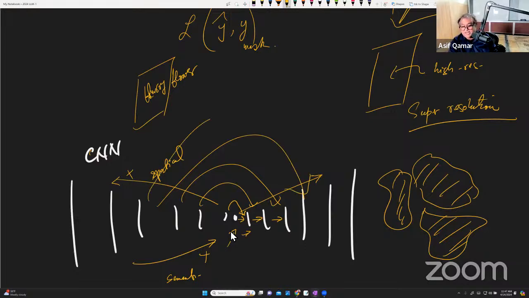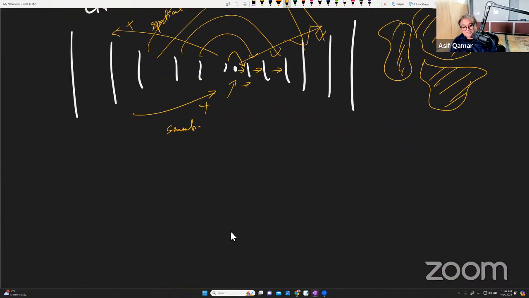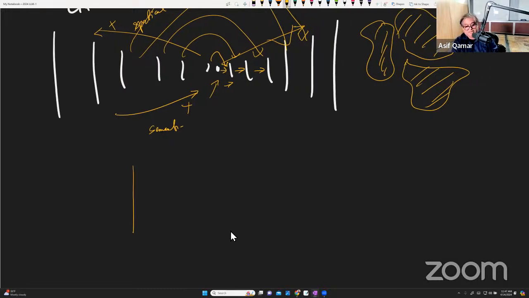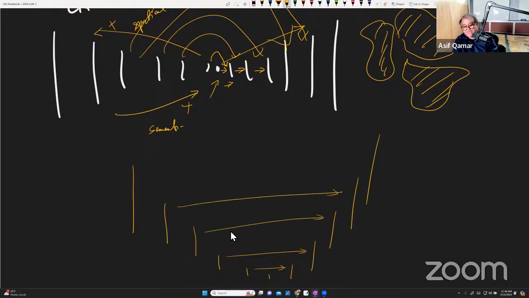Now, do you notice that my arrows are beginning to draw an inverted U? And so the way they represented the paper was, they turned the encoder decoder into a U shape. Here is a big image, then smaller, smaller, smaller, and then bigger, bigger, bigger. And you have a bypass of information. These are your residual links.